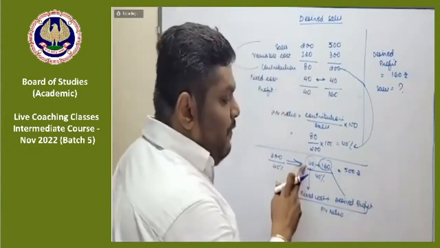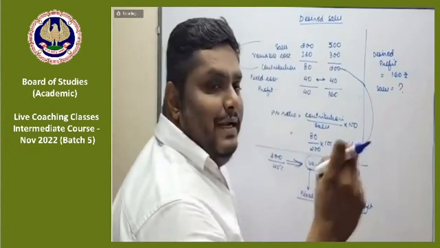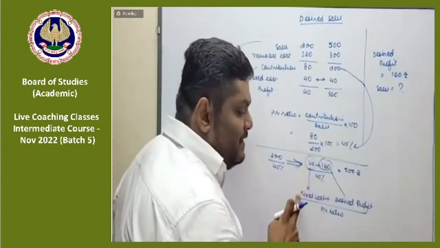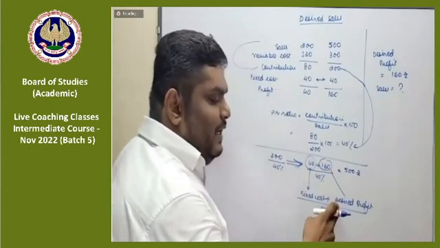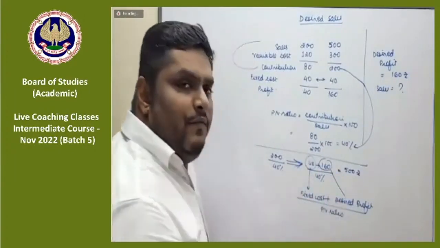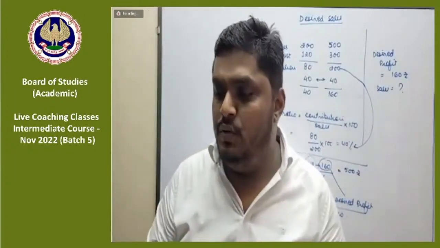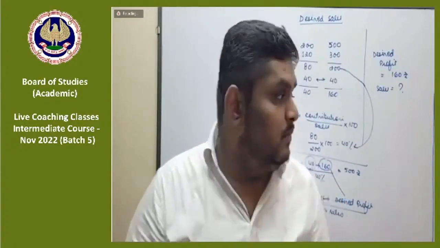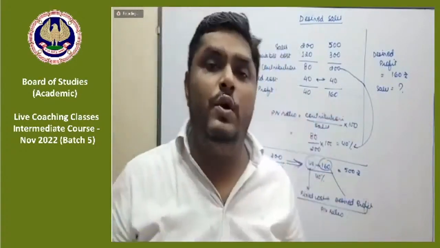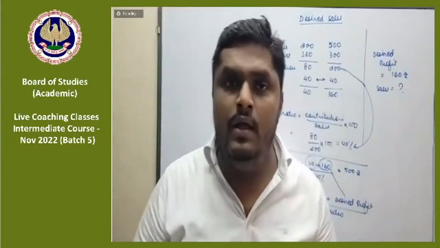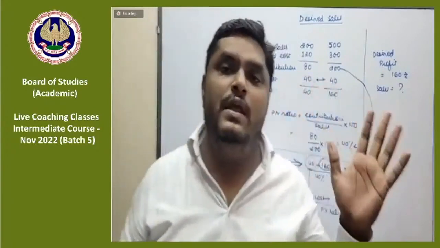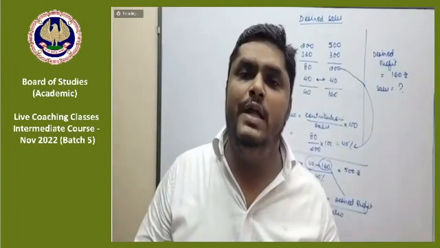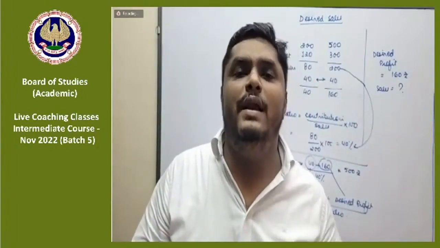So fixed cost plus desired profit divided by PV ratio. I request you guys to please copy the explanation. I'm using the same question in all the concepts so that it is easy for you to understand and relate the things.